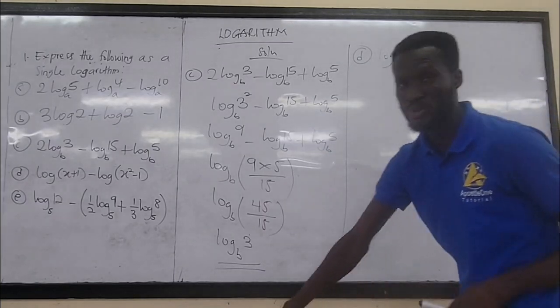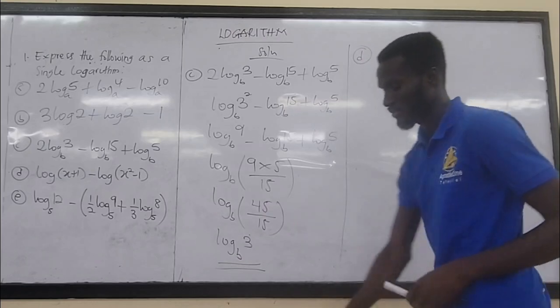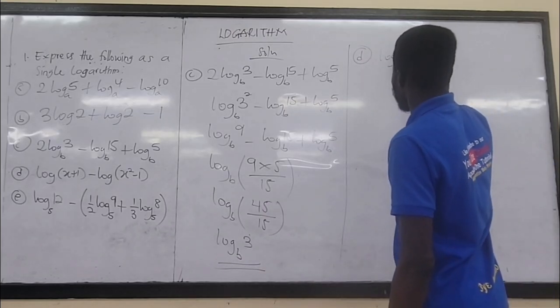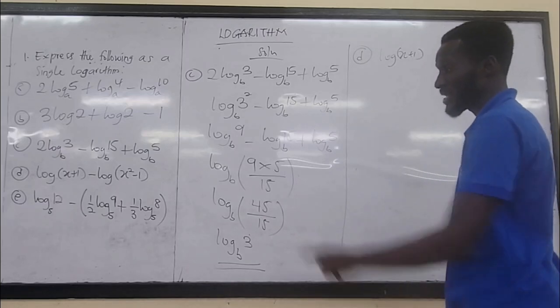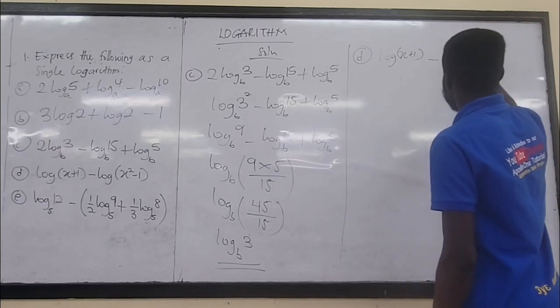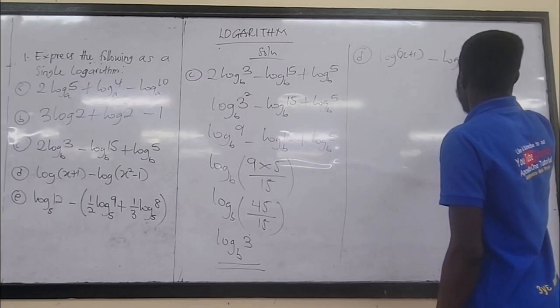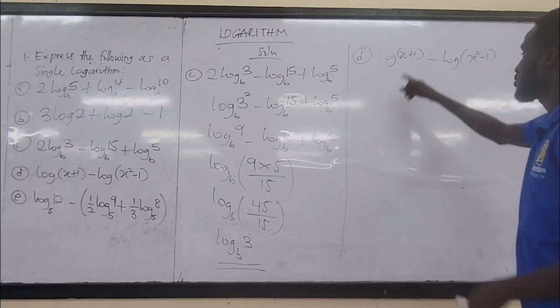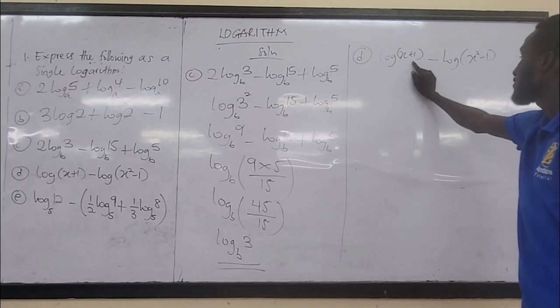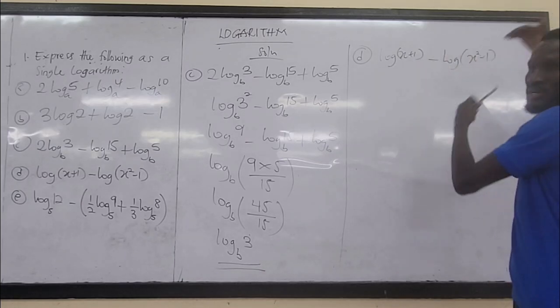Anytime the 1 is together, they'll put it in brackets. So we have log of x plus 1, which means they are together. The base is 10. Now minus log of x squared minus 1. Don't forget that we don't have any rule for x plus 1 in the log, but we have a rule for log x plus log y.